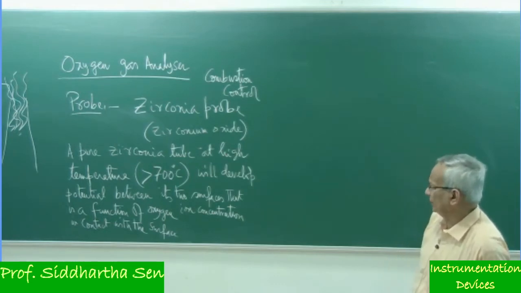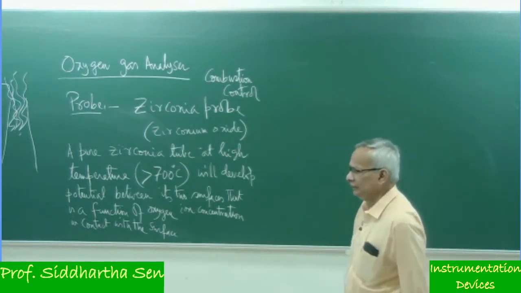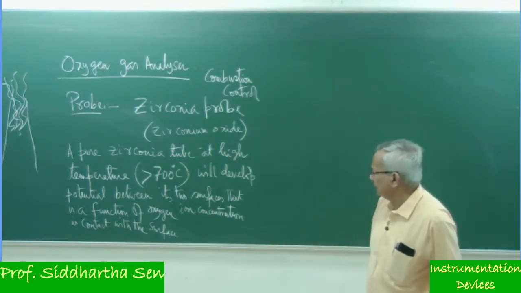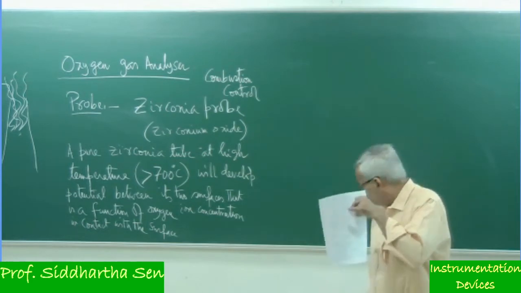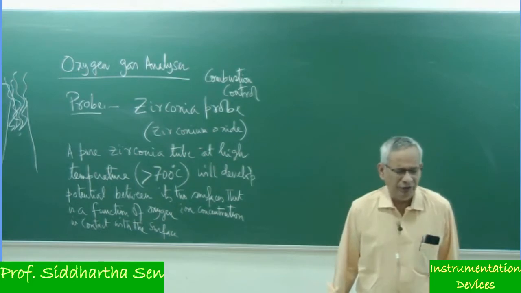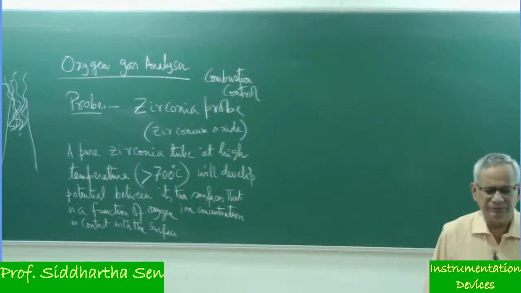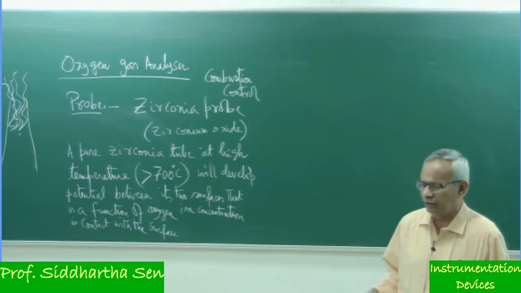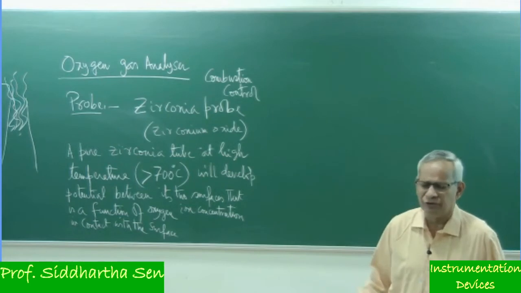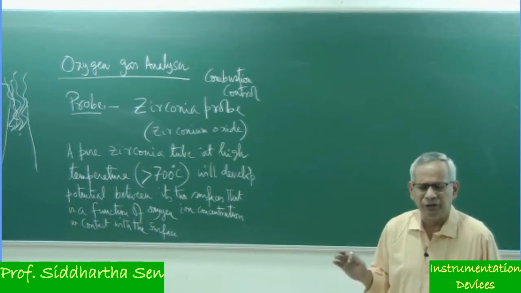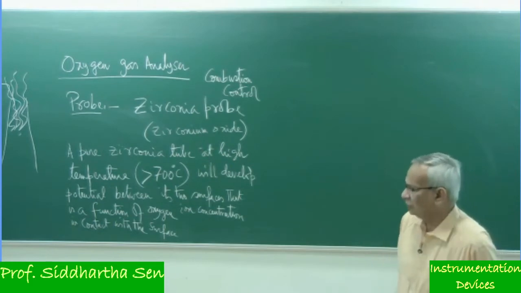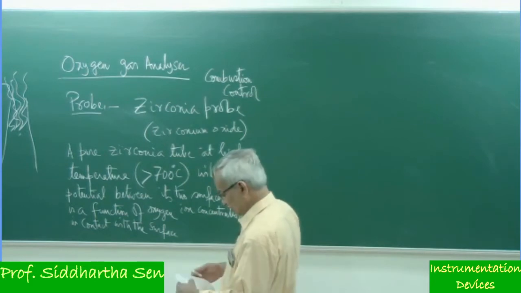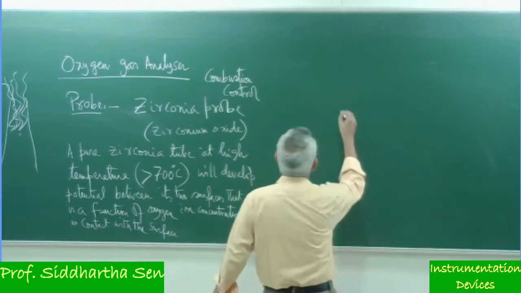First of all, the gas has to be heated above 700 degrees Celsius, and in that case, if oxygen ions come into contact with the zirconia tube, then across the two surfaces, that means the outer and inner surfaces of the zirconia tube, a potential will be developed, and this potential will be a function of the oxygen ion concentration. Let us try to see how it looks.